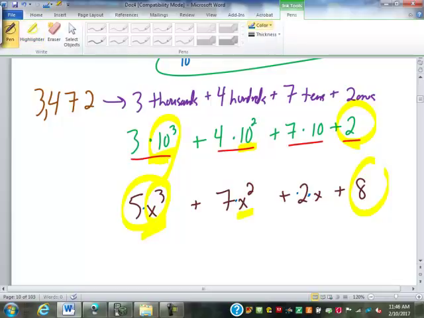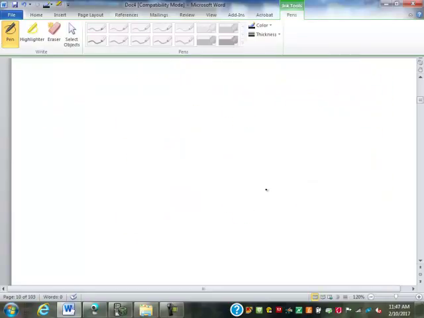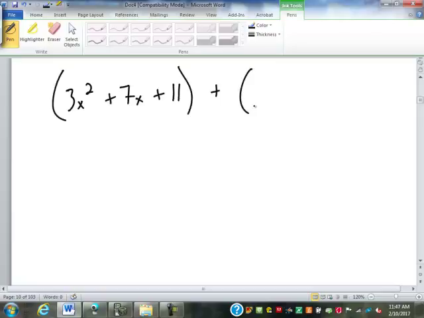So when we go to work with these polynomials, the operations with polynomials, even though we've been taught several shortcuts for working with them, we can actually go back and do them just like we do with whole numbers. So if we have 3x squared plus 7x plus 11, we're going to add to that 2x squared plus 5x plus 7.